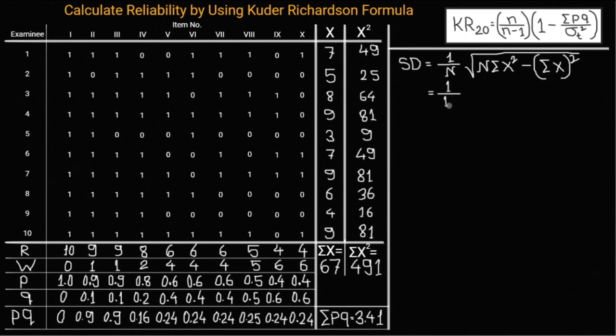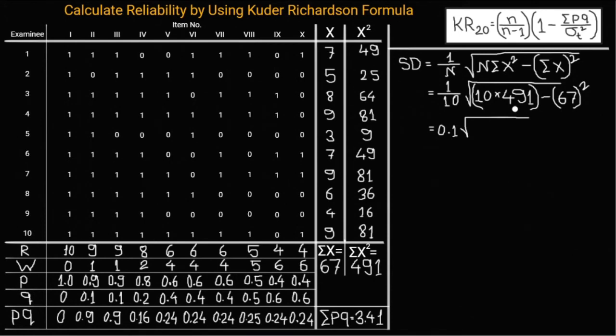So let's start the maths. 1 divided by 10, we know that there are a total of 10 examinees. Root over 10 into summation x square, which is 491, minus summation x, 67, whole square. Then 1 divided by 10 is 0.1. 10 into 491 is 4910, minus 67 square, 4489.